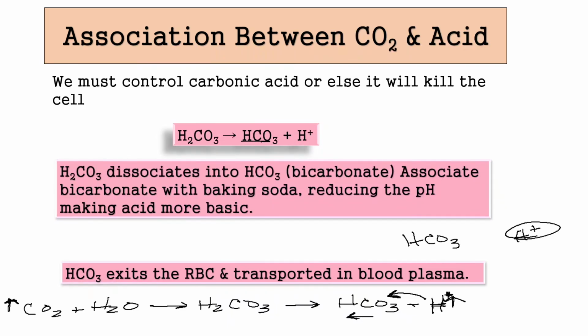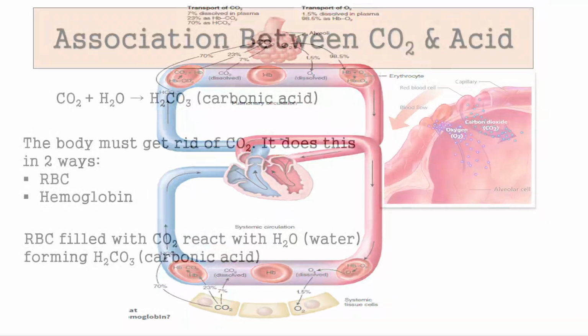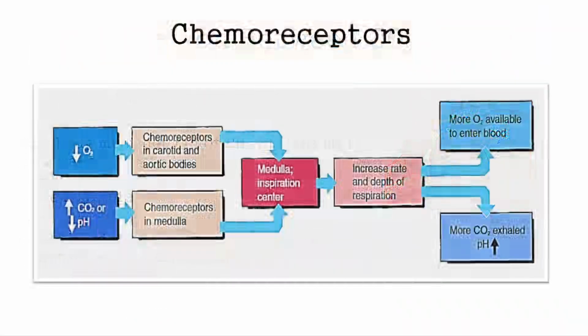Now, what you need to understand is when you come across somebody who's acidotic, what is the body going to do to help blow off the CO2? And so we can go back a slide and remember what the chemoreceptors do. Remember, you have your central chemoreceptors and your peripheral chemoreceptors.